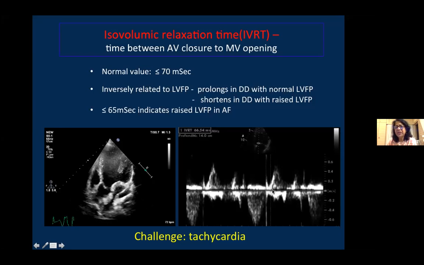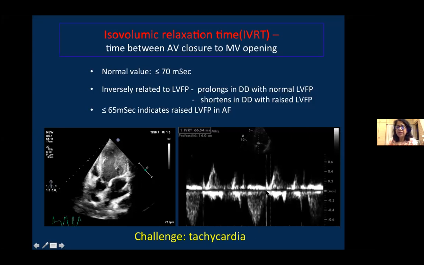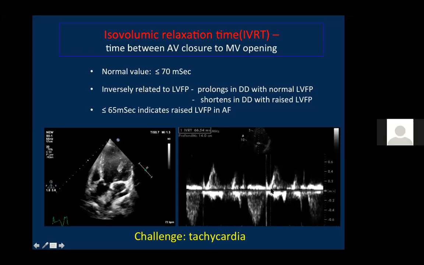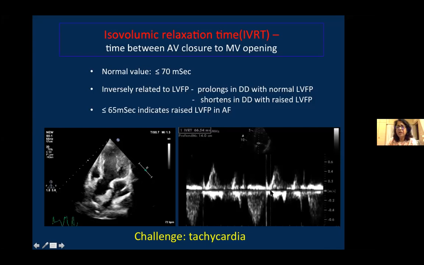So this is the time which is known as isovolumic relaxation time, and we measure it in echocardiography looking at the spectral pattern and the time between the aortic valve closure and the mitral valve opening, because the E wave is the beginning of the mitral flow. So mitral valve opens here, and look here, IVRT is 66 millisecond.